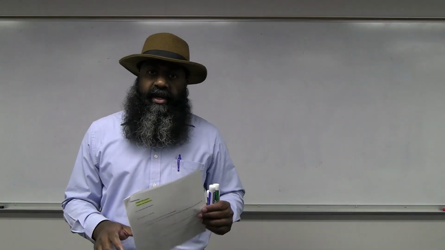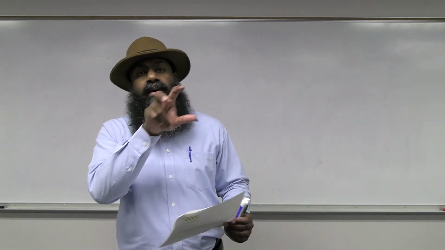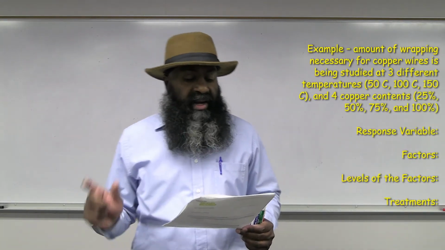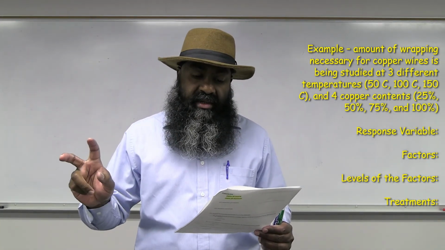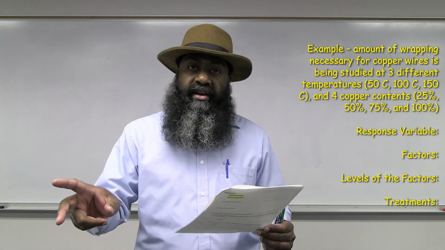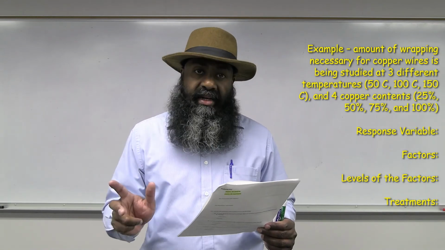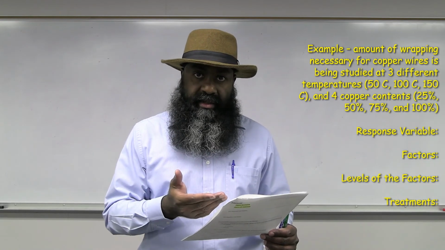In a two-factor experiment, we allow 2 factors to affect the response variable. All the other possible causes that might affect the response variable should be eliminated. Okay. Now here's an example. The amount of wrapping necessary for copper wires is being studied at 3 different temperatures, 50 degrees Celsius, 100 degrees Celsius, and 150 degrees Celsius, and 4 copper contents, 25%, 50%, 75%, and 100%.